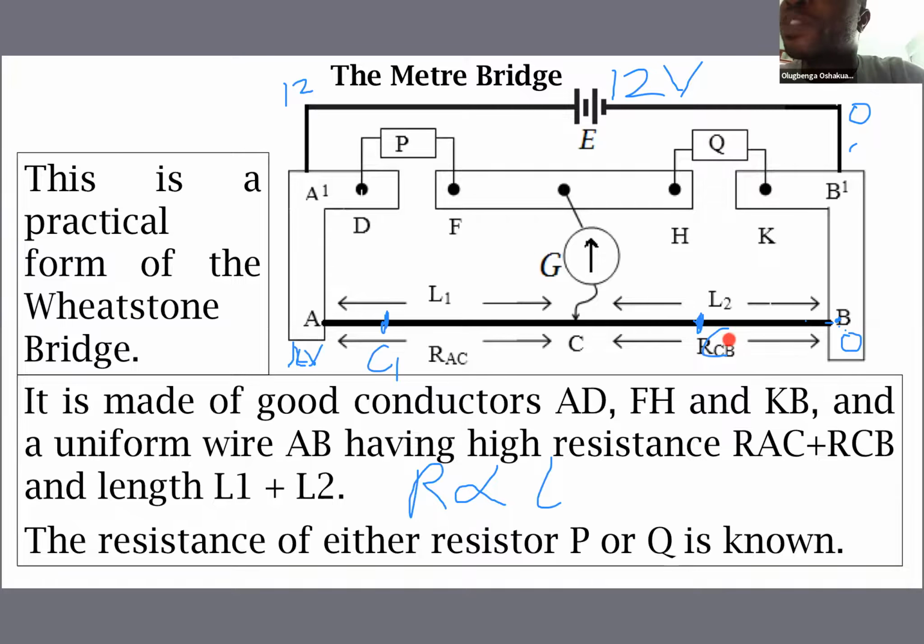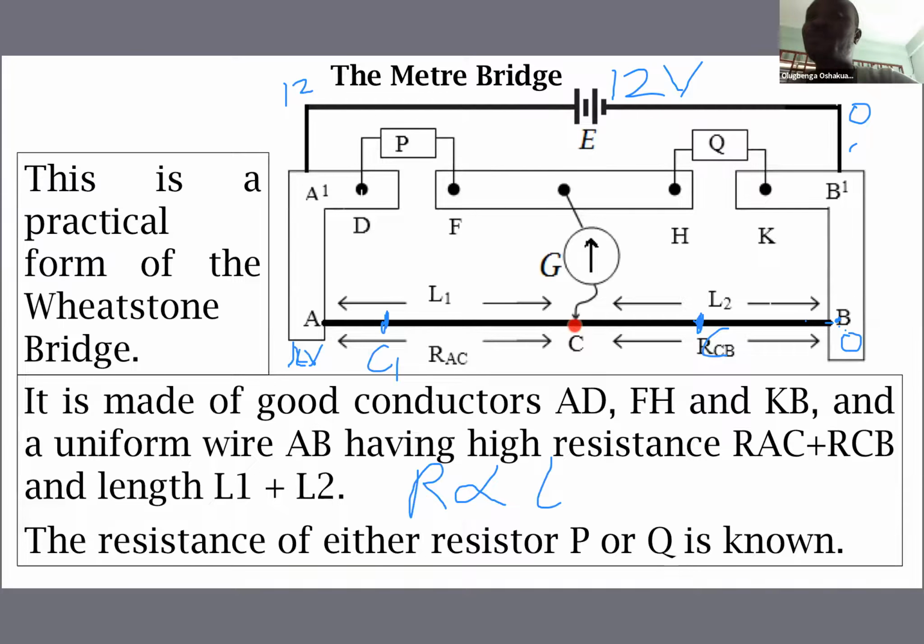But there is a particular point C where there will be no deflection. There is a particular point C whose potential is equal to the potential at point G. That point C is called the balance point. It is the point where current will not flow through the galvanometer, and we can say that the bridge is balanced.